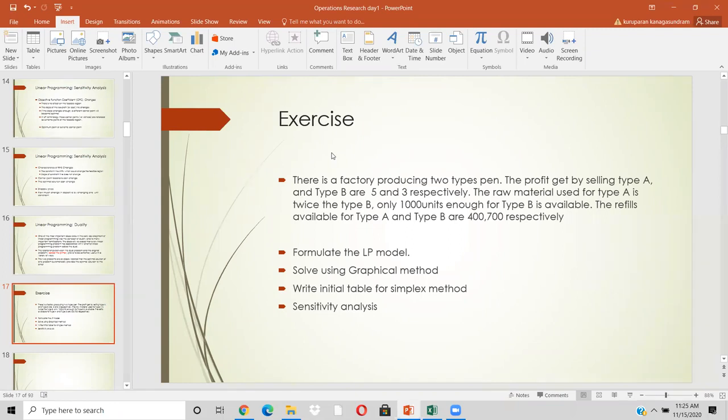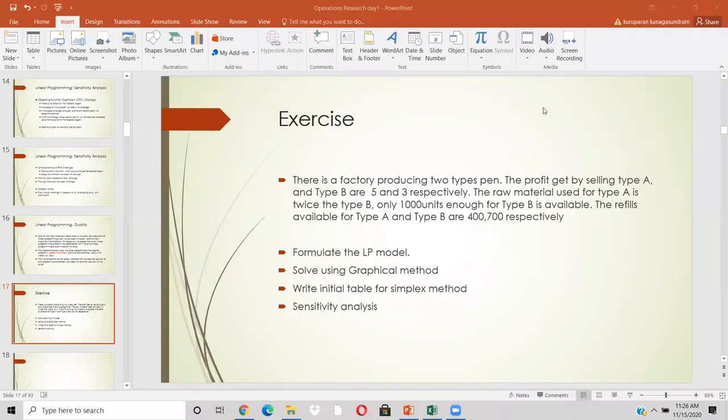The raw material used for A is twice that of type B. If I can produce two type B pens using the same amount of material, how many type A pens can I produce?